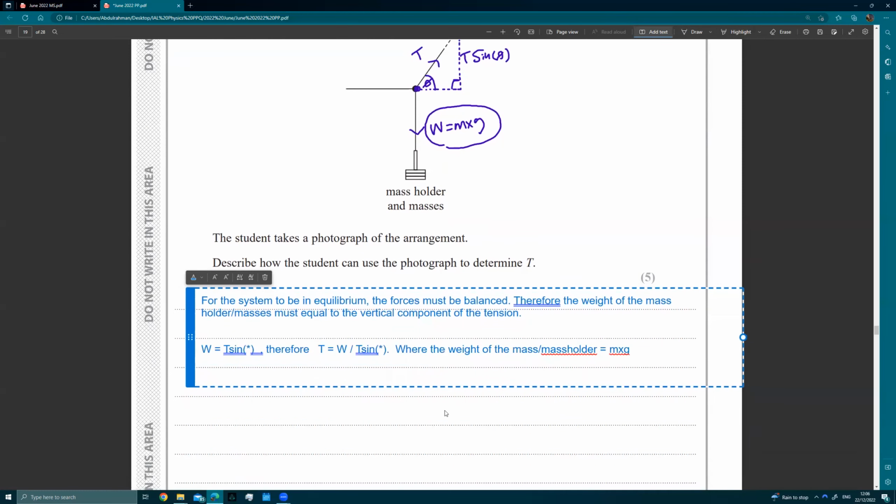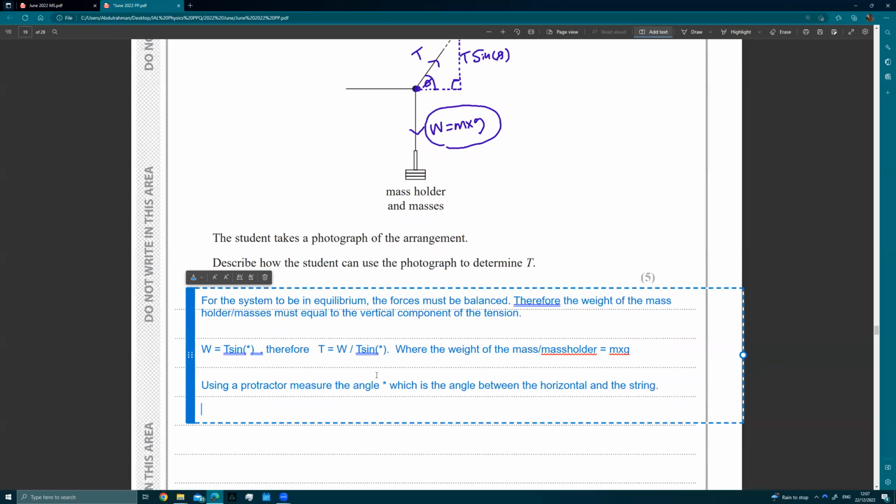But it's not enough just to say this. You also have to say what measurements you're going to take. Well, obviously we need the angle. So we're going to say using a protractor. And you always have to mention the equipment you're going to use on these describe-the-experiment questions. So using a protractor, measure the angle theta, which is the angle between the horizontal and the string or the tension.